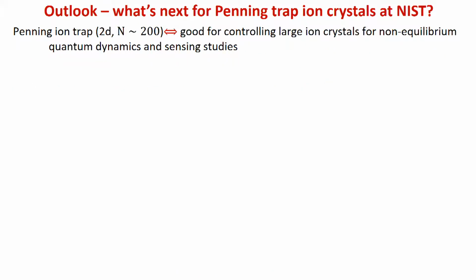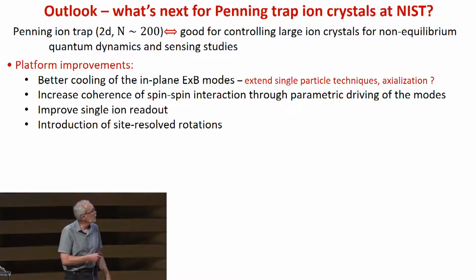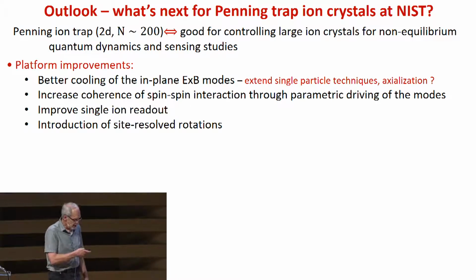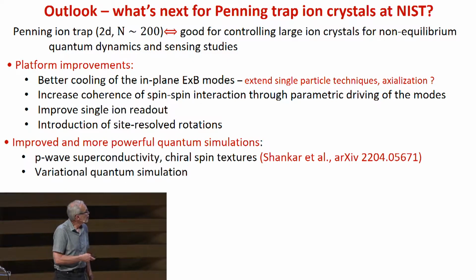I'll just close by saying I hope I've been able to illustrate that Penning traps are a good system for forming and controlling large ion crystals for both quantum sensing and quantum simulation. We have lots of things that we're working on, which hopefully will lead to more powerful quantum simulations, perhaps variational quantum simulation.